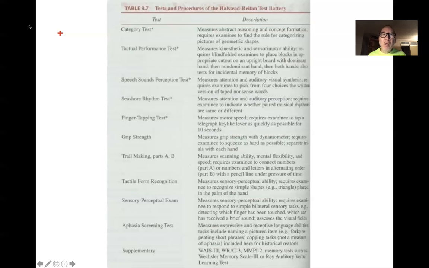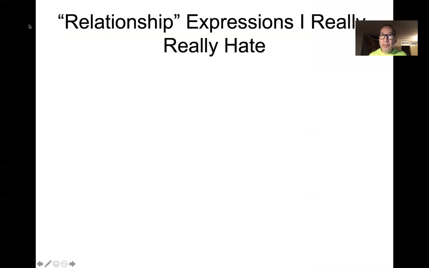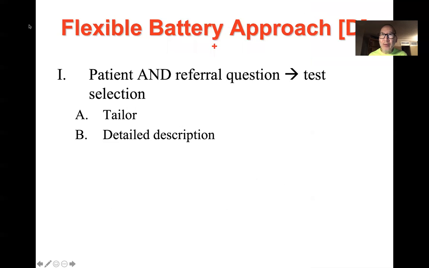There's a finger tapping test, which we'll look at later. A grip strength test, which we'll look at later. And other classic tests in neuropsych, like trail making, and so on. So you can see much less of the reading, writing stuff as we saw with the Luria. We'll look at this stuff maybe a little later.